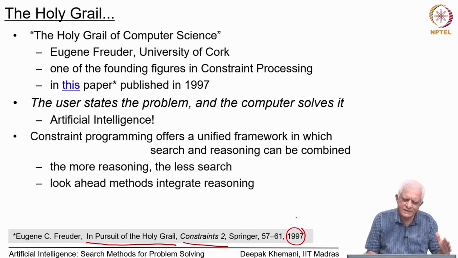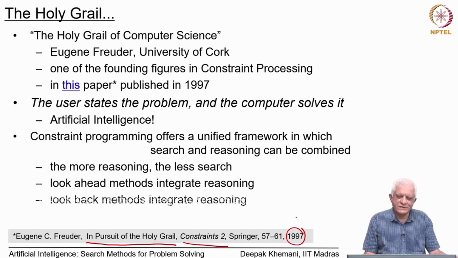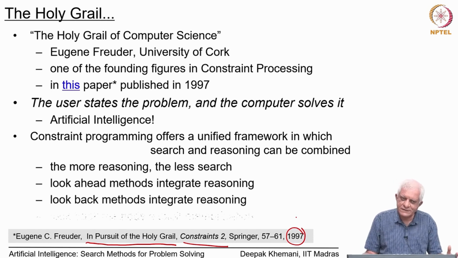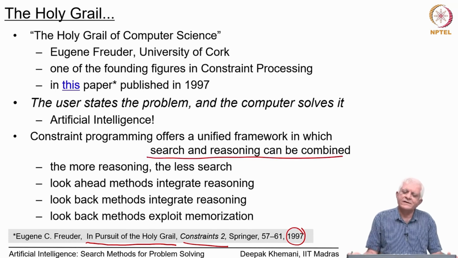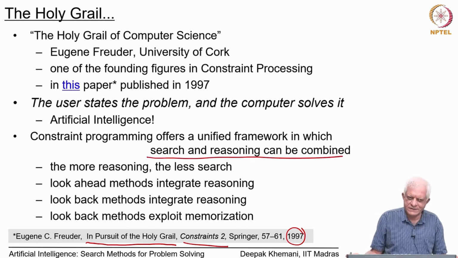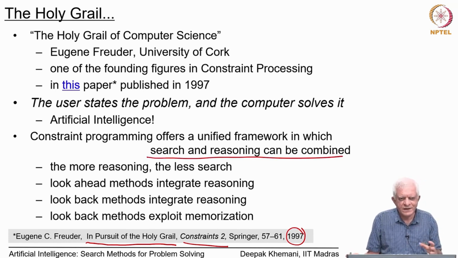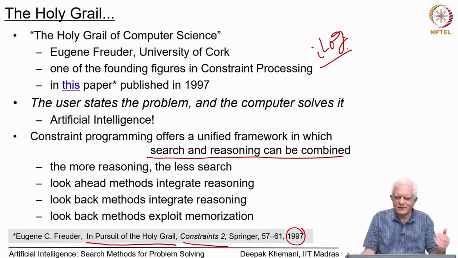And what we have seen in this last week is that constraint programming offers a framework in which search and reasoning can be combined, and this is the most appealing feature of constraint satisfaction, constraint processing. Apart from the fact that it gives us a unified framework for posing problems and solving them, there are companies which will give you solvers. So, for example, there is a company called iLog in France, which you can get a solver from, but there are also open source solvers available elsewhere.